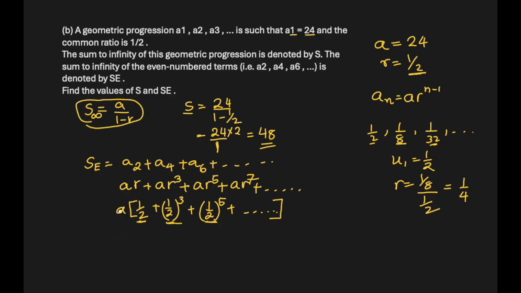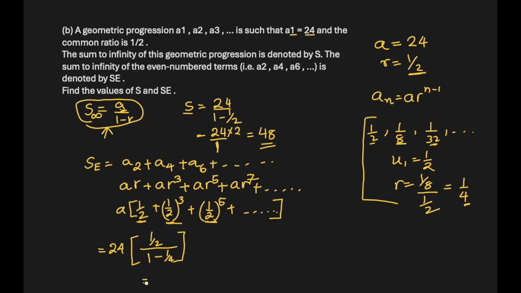So a in the original series was 24, so I'll write 24, and then I'll use this formula for the internal geometric progression, which is different from the original one. Here a is half, so I'll put a as half, divided by 1 minus r, and we got r as 1/4 for the internal one.